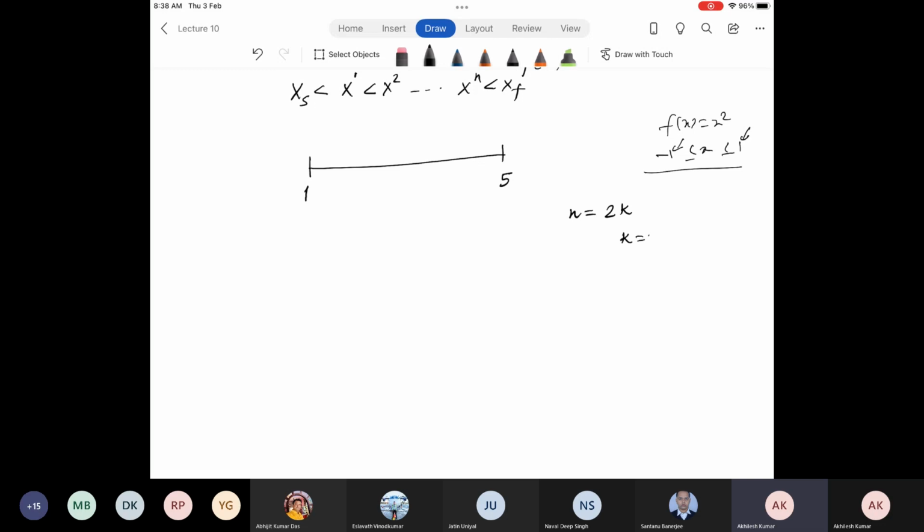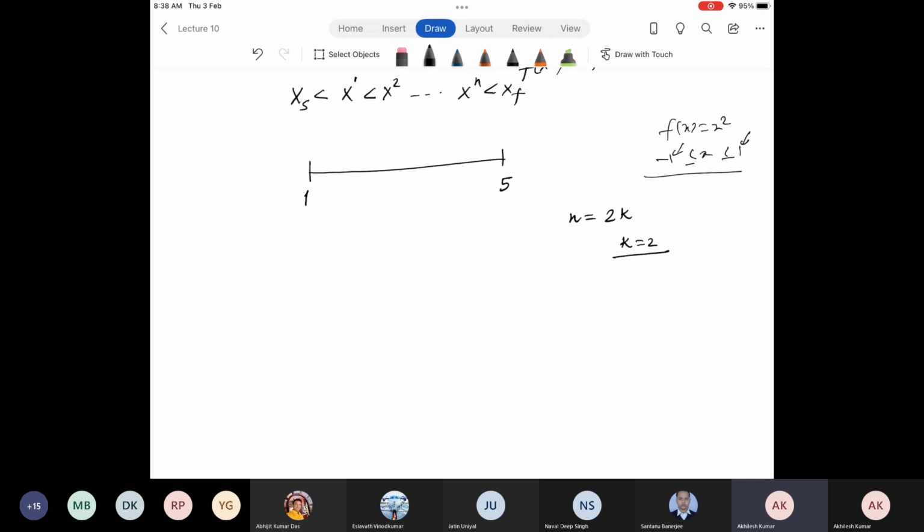If I give you k equals 2, how many segments will you get here? So x1, x2, x3 and x4.